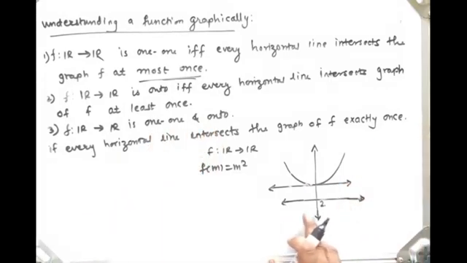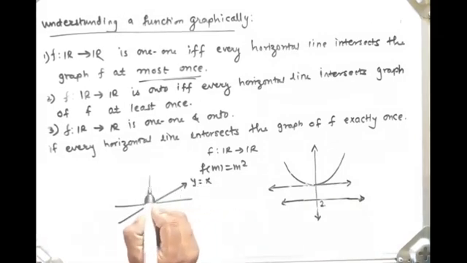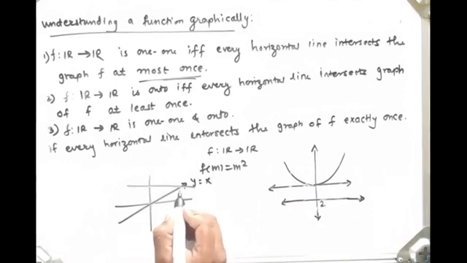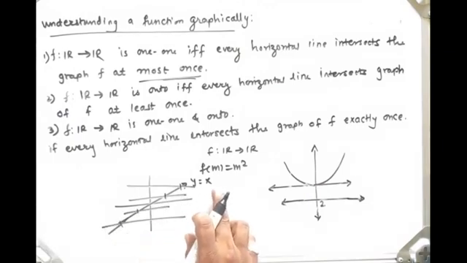But if I draw this line here, there is no intersection between the graph and the line. If I take the example y is equal to x, then every line and the graph intersect at exactly one point. Therefore y is equal to x from R to R is a one-one and onto function. Now in the next lecture we will see composition of function and inverse of function. Thank you.